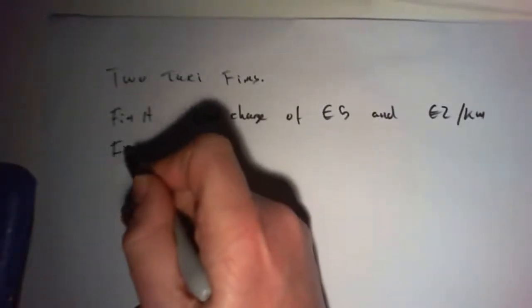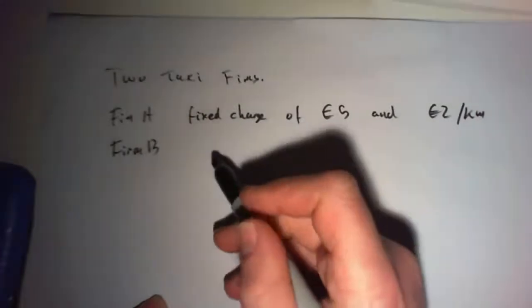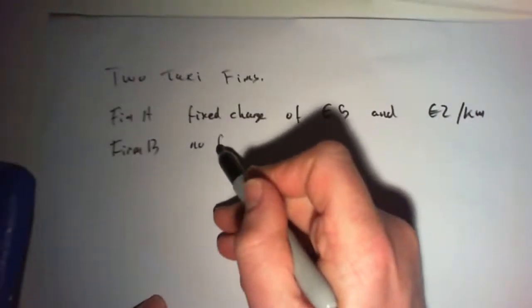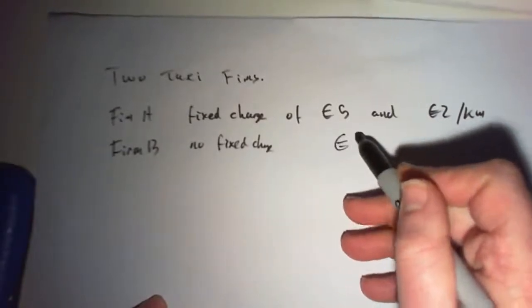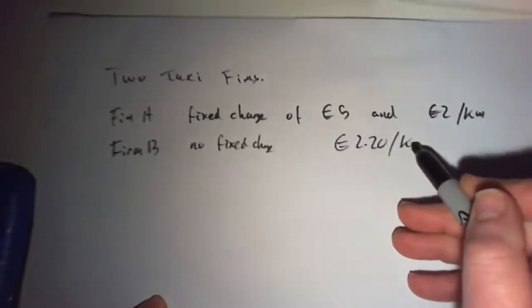Firm B has no fixed charge and €2.20 a kilometer.